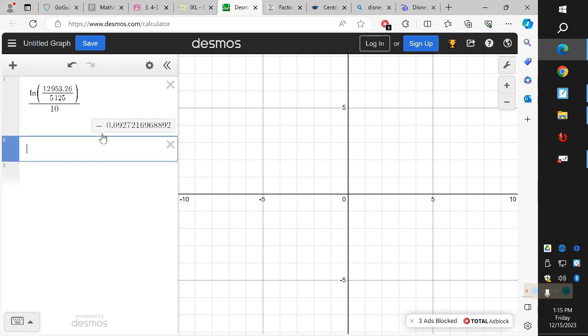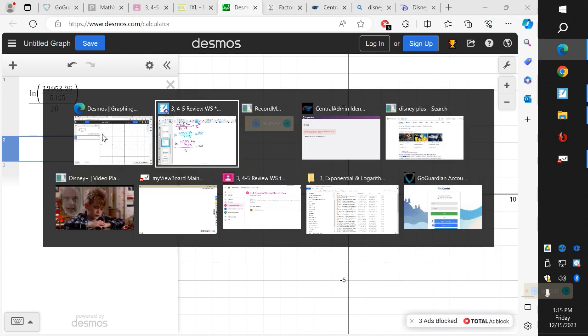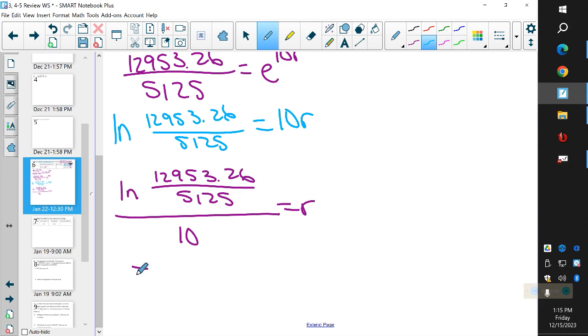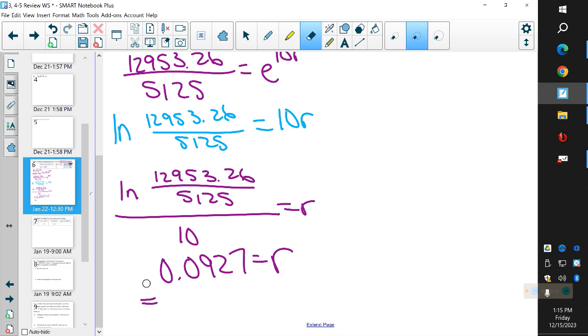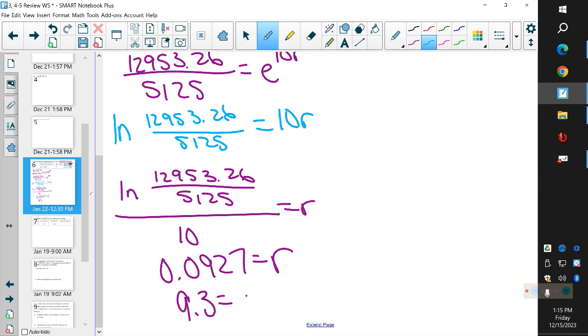And what percentage rate am I getting? 9.27 or 9.3, whichever one's still the same thing. So this is going to be 0.0927 is equal to r, which is going to give me an interest rate of 9.3 or 9.27%.